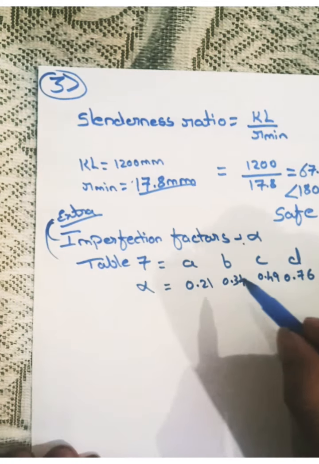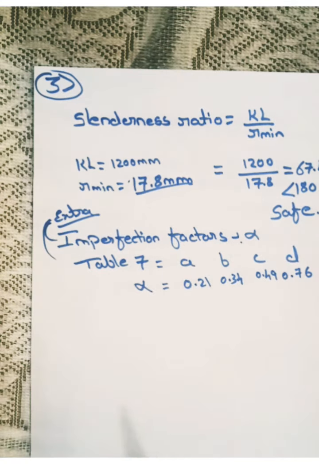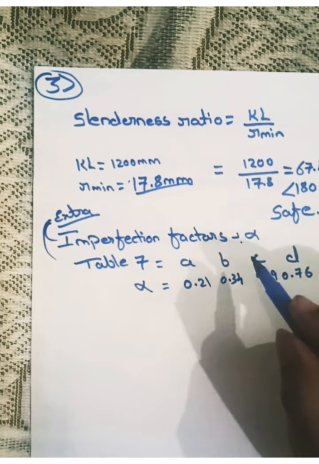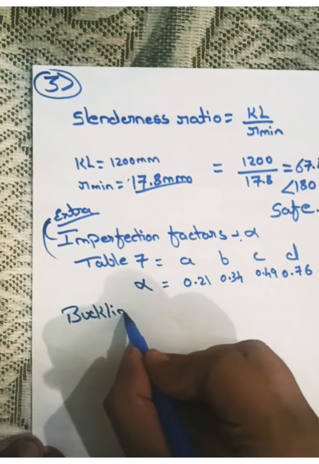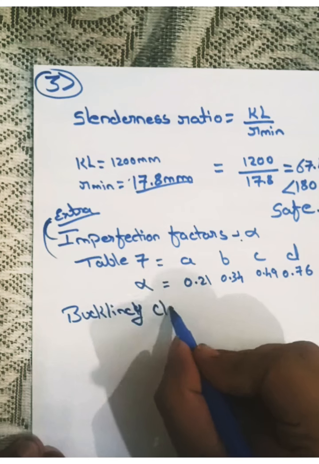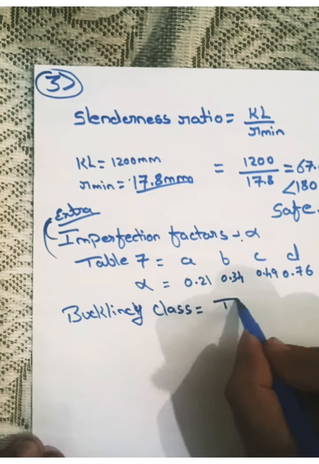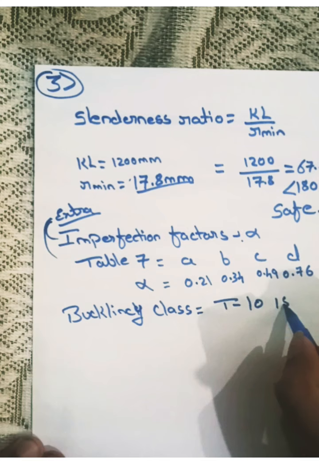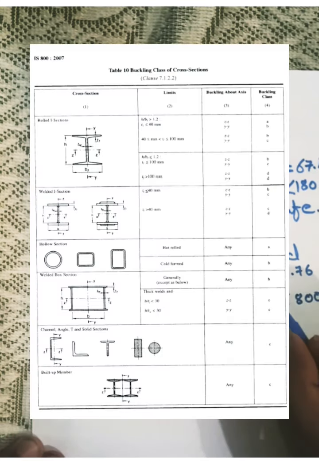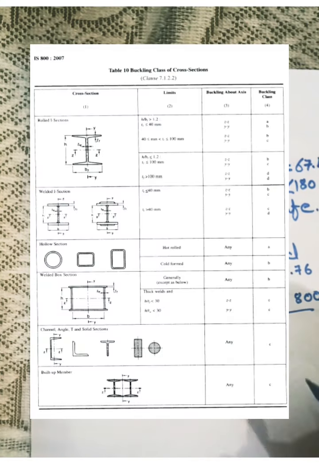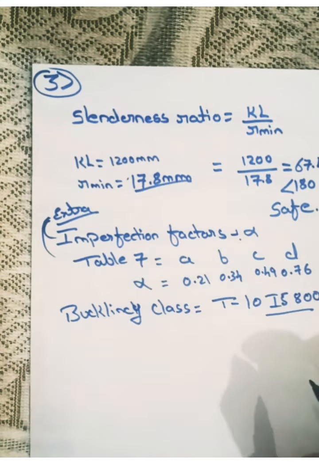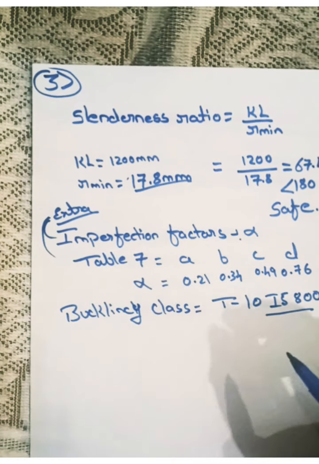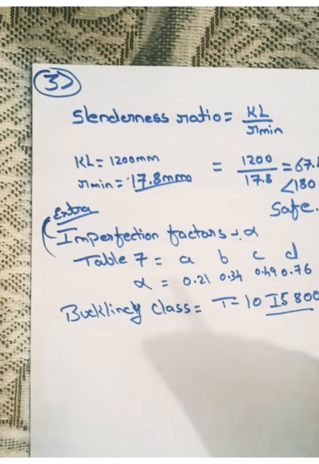These imperfection factors depend upon the buckling class, which is given in Table number 10 of IS 800. So depending upon buckling class, we need to find the imperfection factor, that is the value of alpha, so as to know which table to refer: Table 9A, B, C or D?